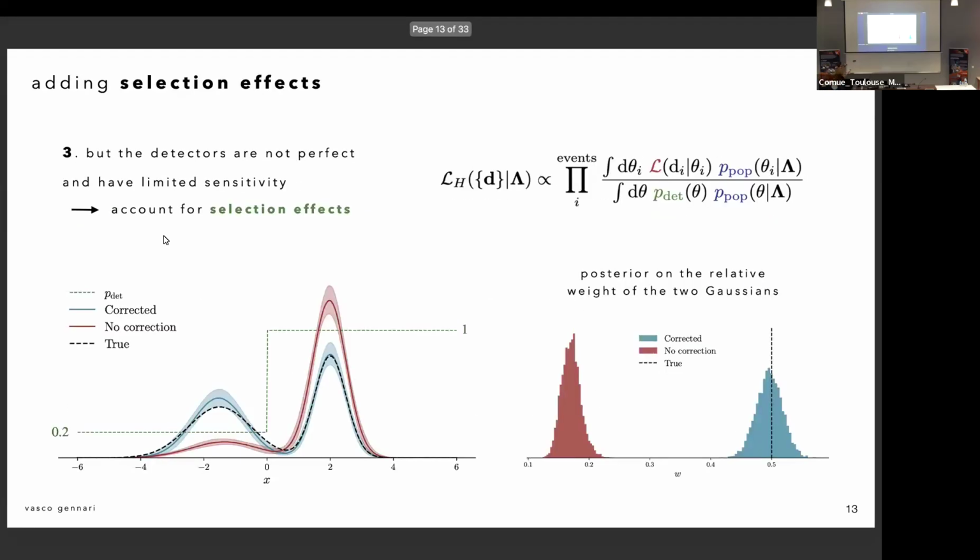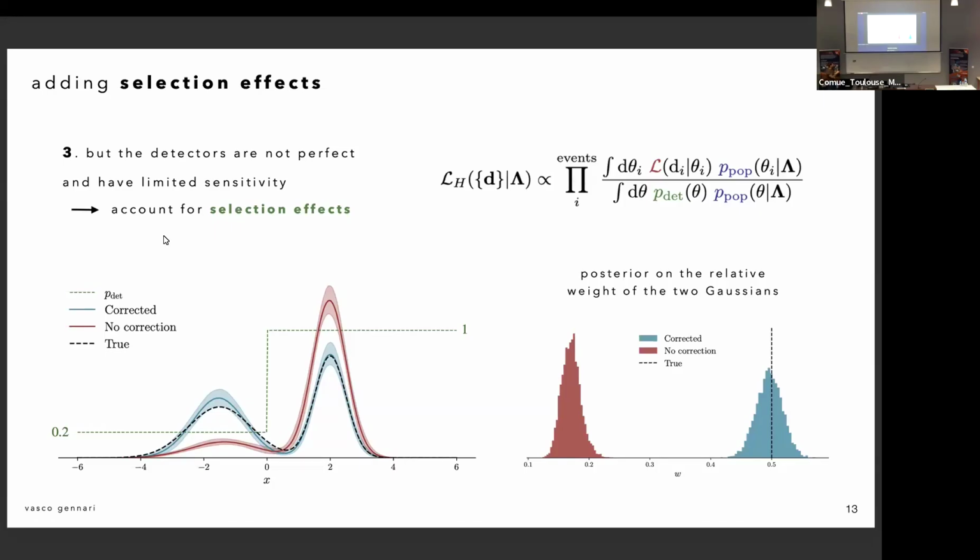So, for example, you can see here on the bottom left, this green curve corresponds to the selection function, so the probability for detecting some events that I'm inputting into the analysis. I'm pretending here that events with positive X have a detection probability of 1, so they are always detected with no problems.